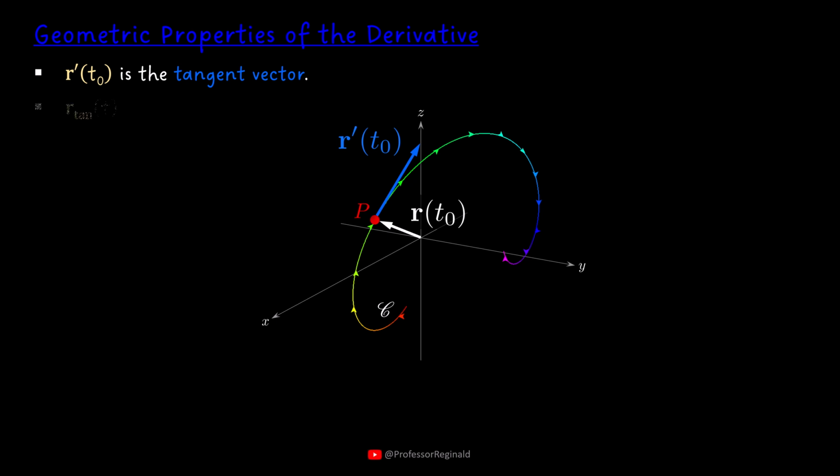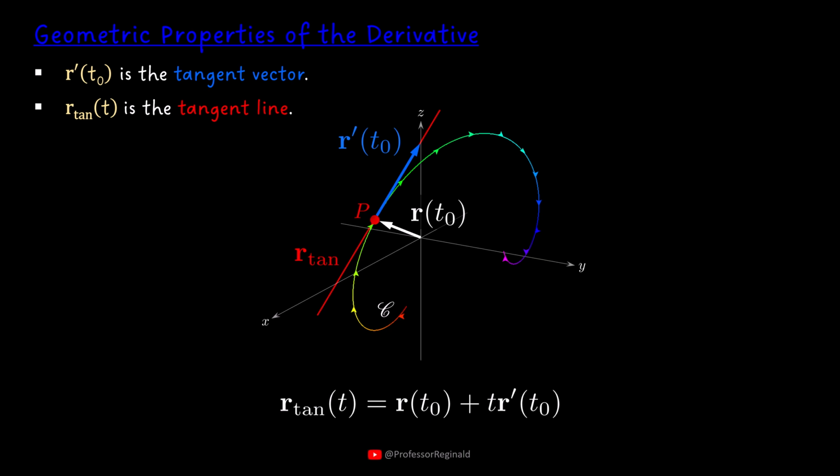Meanwhile, r tangent of t is the tangent line to the curve defined by the vector-valued function r where t equals t0. In the figure, the line r tangent is tangent to the curve at point P where t is equal to t0. The equation of tangent line is given by the following vector equation.